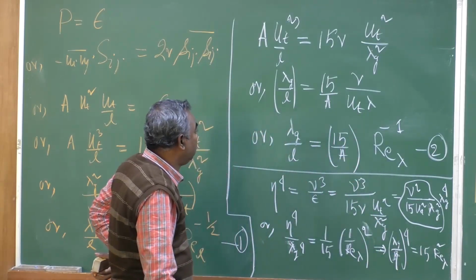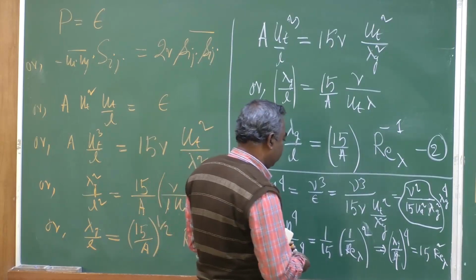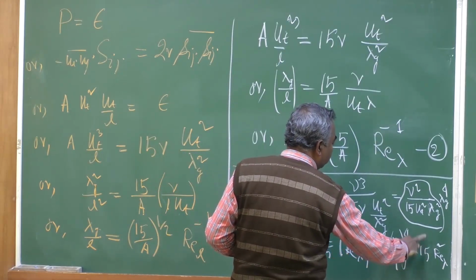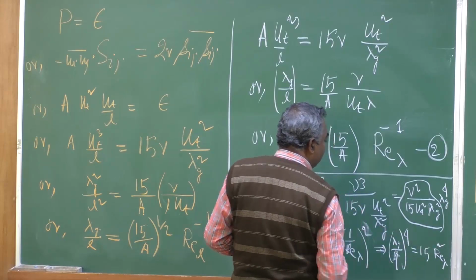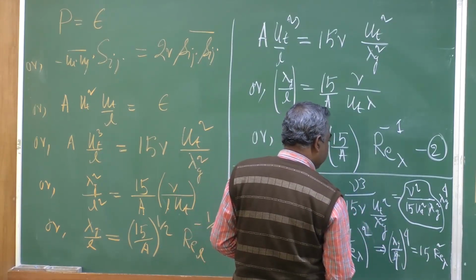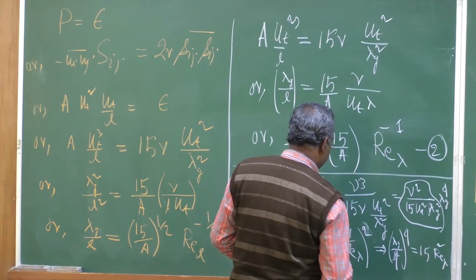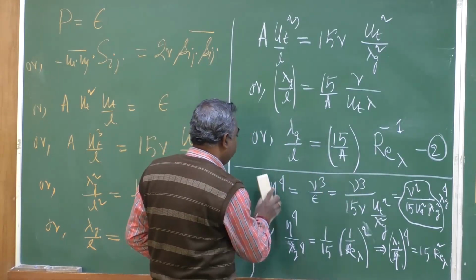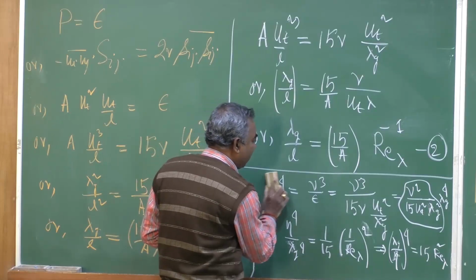So, from this essentially we get lambda z by eta equals 15 to the power 1 by 4 R e lambda to the half, right. That is what we get. So, let me write here itself the final relation.